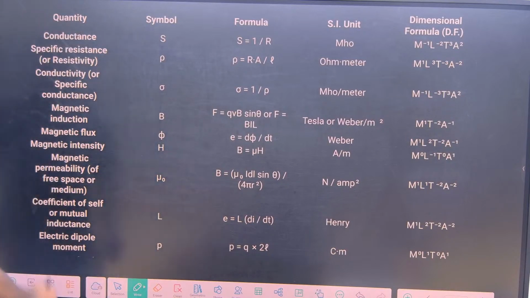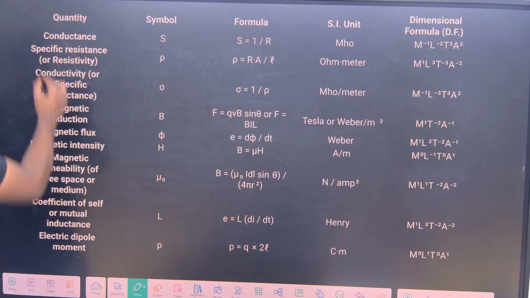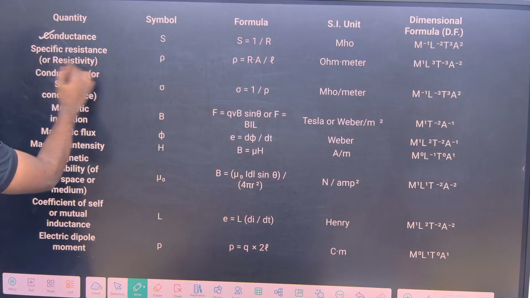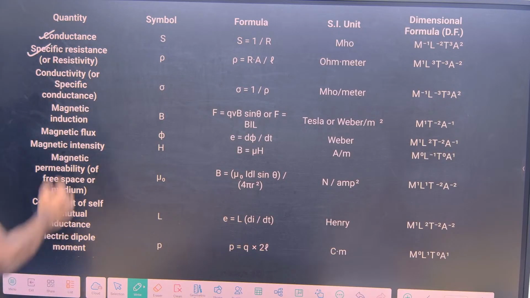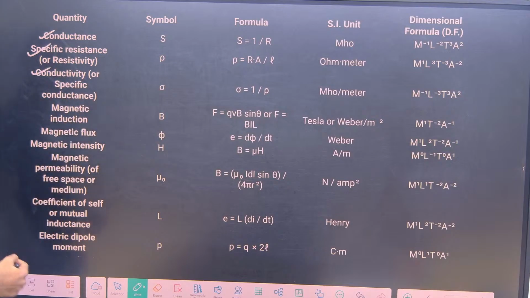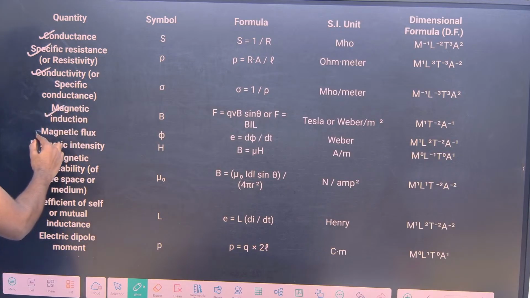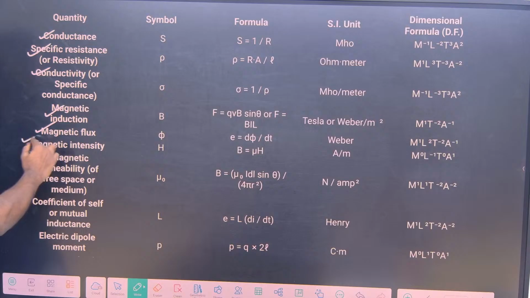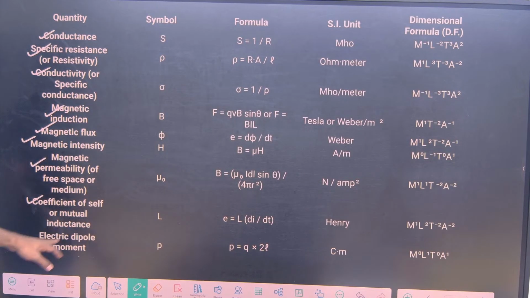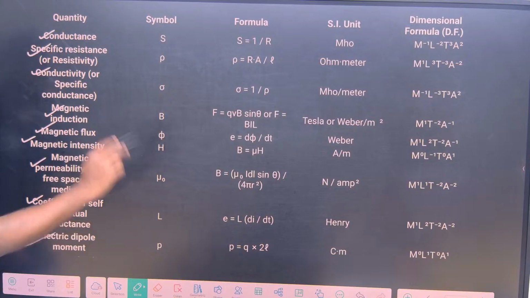So conductance is the first one, then specific resistance or resistivity, conductivity or specific conductance, magnetic induction, magnetic flux, magnetic intensity, magnetic permeability of free space or medium, coefficient of self or mutual inductance, and electric dipole moment.